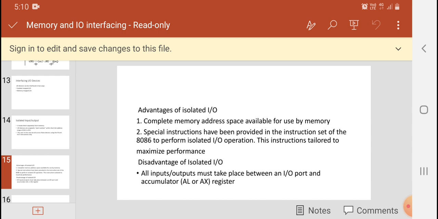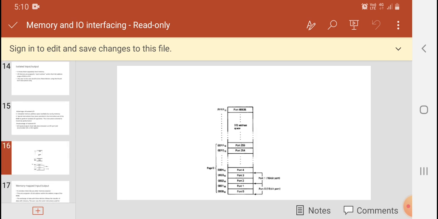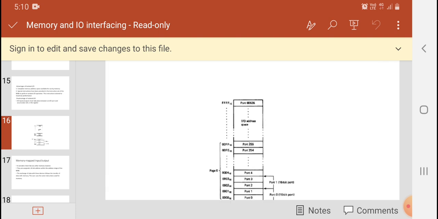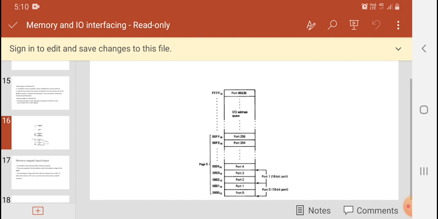But the disadvantage is that all the input and output transfer must be done between the IO and the accumulator, and the accumulator and the memory, so it takes a long procedure.